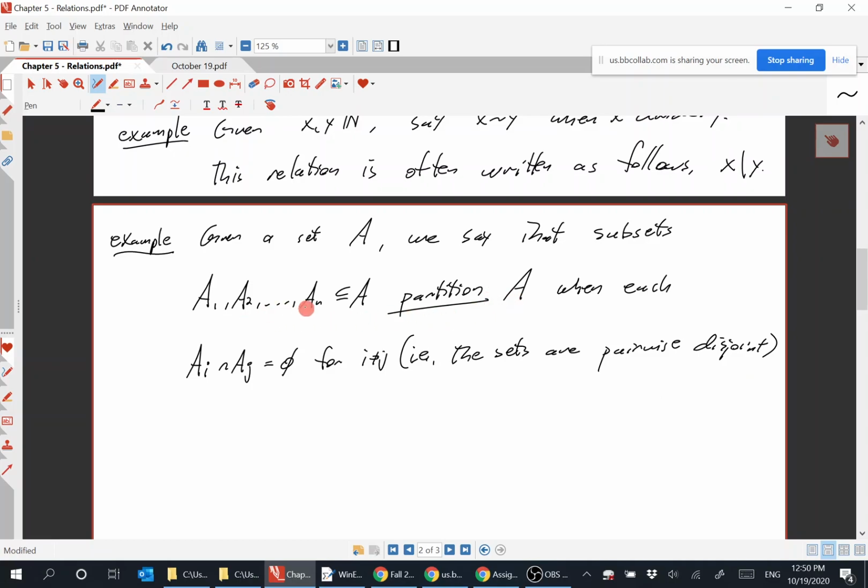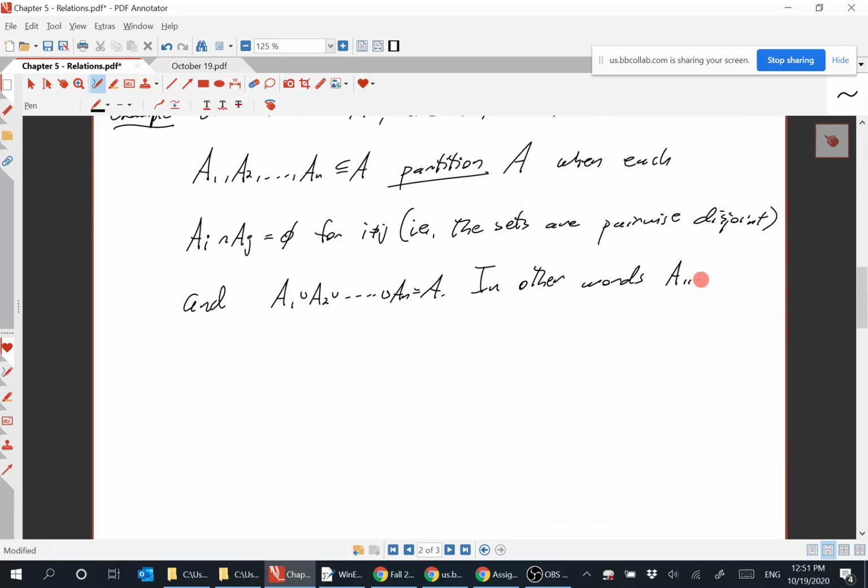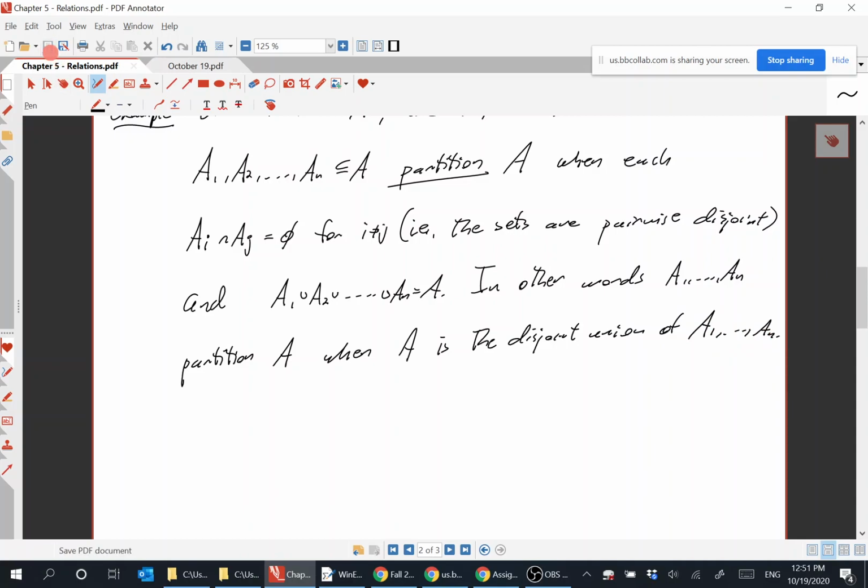Okay, we say that these subsets partition A when the subsets are disjoint and their union equals A. All right, in other words, A1 to An partition A when A is the disjoint union of A1 through An. So that's the notion of a partition.